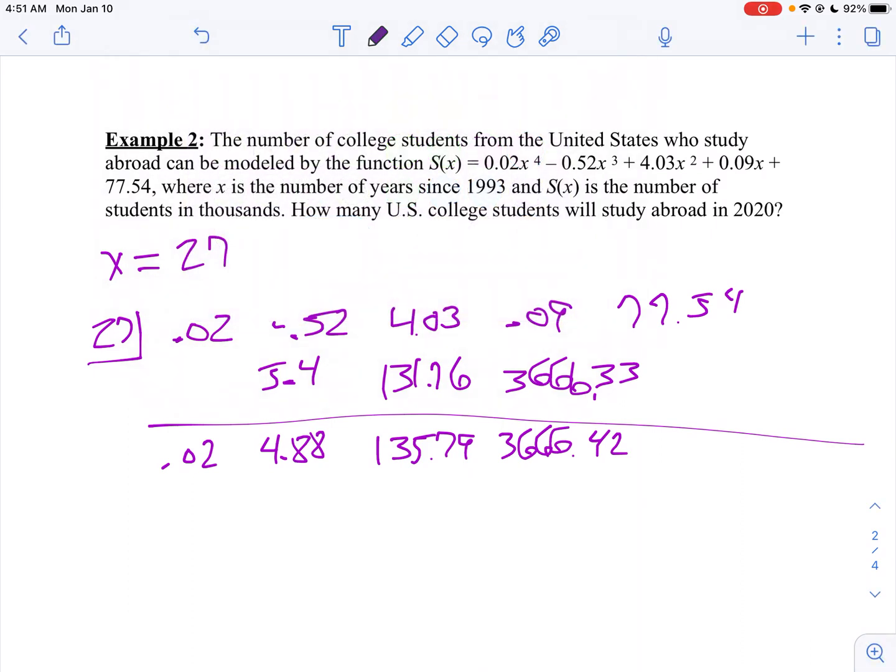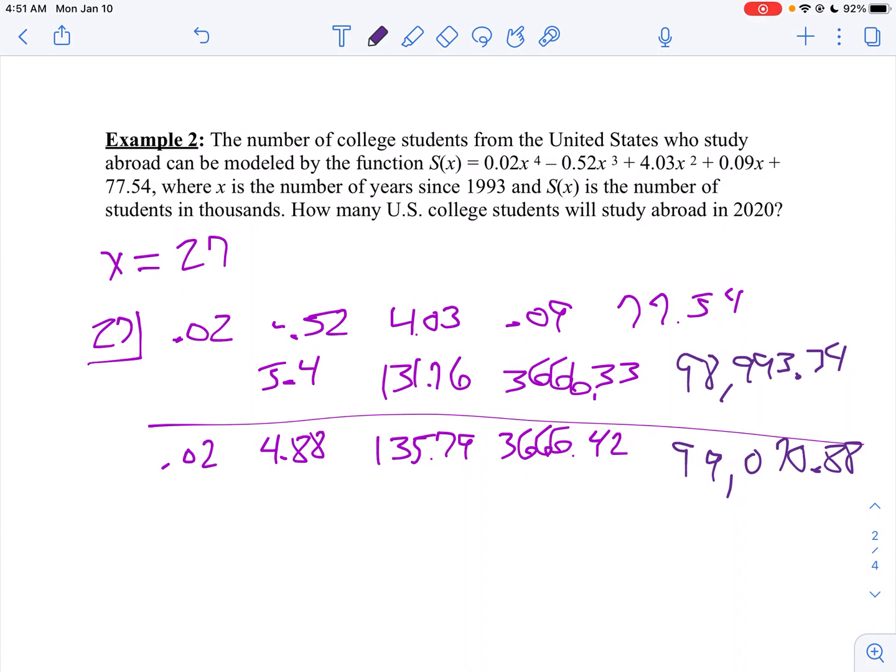Take that times 27, and I'll get 98,993.34, and we'll add 77.54 onto that. So our remainder would be 99,070.88.